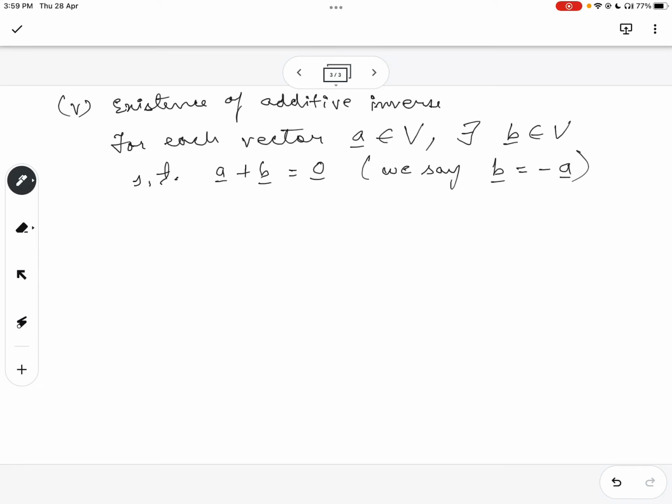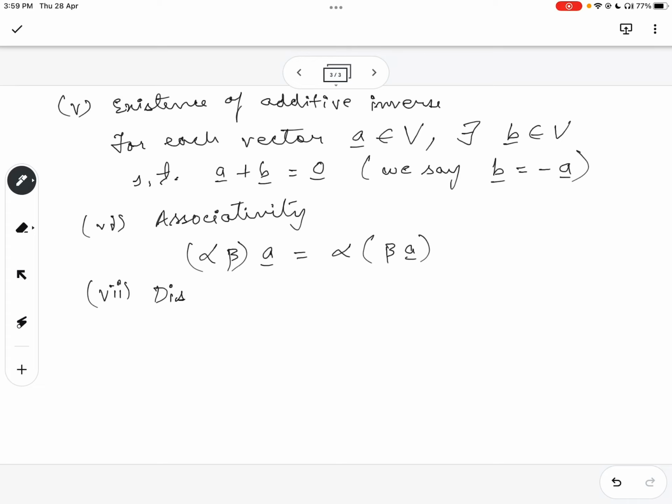The next properties are related to the scalar multiplication aspect. So again coming back to associativity: alpha beta of A is equal to alpha of beta of A. The next property is distributivity.